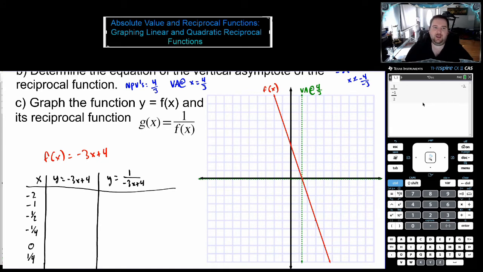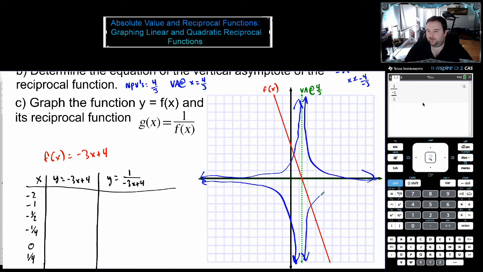And I know that when I graph the function, it's either going to look like this, or it might be down here, or there, right? It's going to have this kind of a pattern.